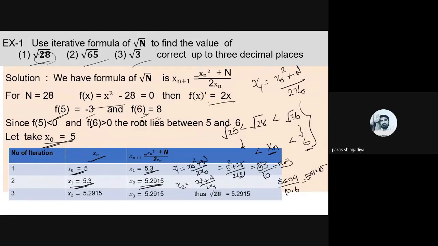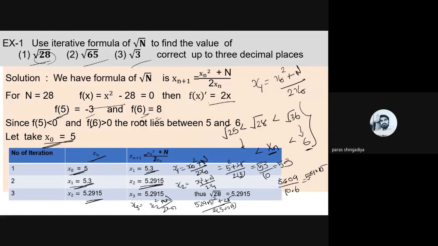Clear? And now let us check the third iteration x3. x2 is equal to 5.2915, and now the formula of x3 will be x2 square plus n divided by 2x2. Clear? So just replace all these values. x2 is 5.2915, so 5.2915 square plus 28 divided by 2 into 5.2915. Check this output.